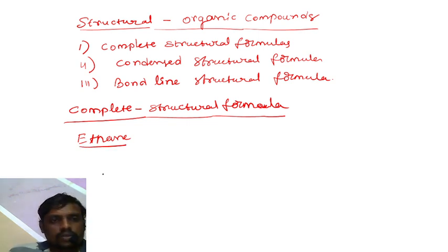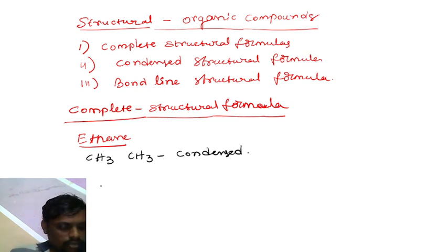What is the chemical formula for ethane? CH3 CH3. This is considered a condensed structural formula, whereas a complete structural formula has to be represented like that.